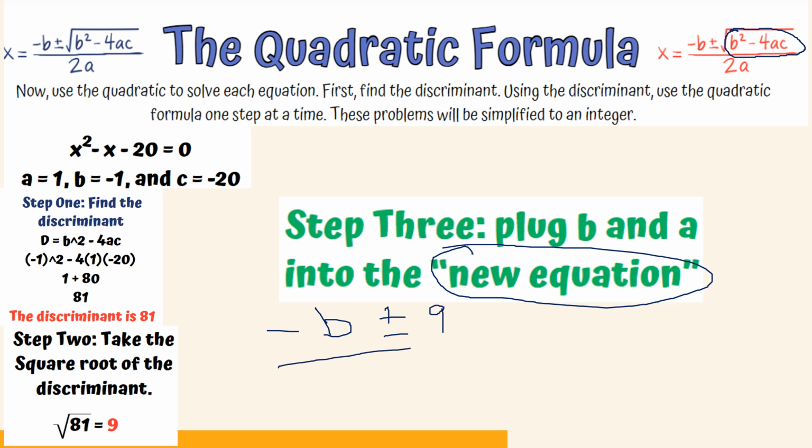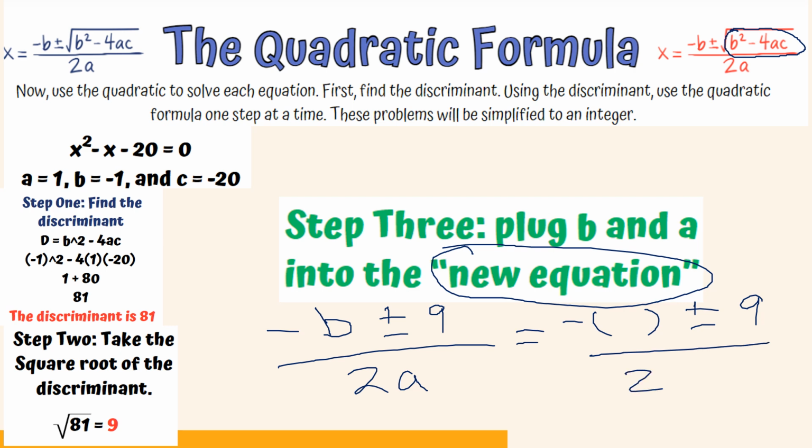And that's all going to be over 2A. So now we're going to plug in our value for B and our value for A.